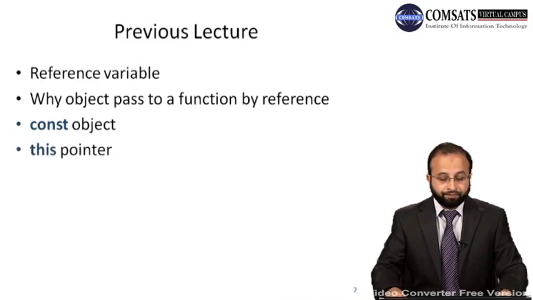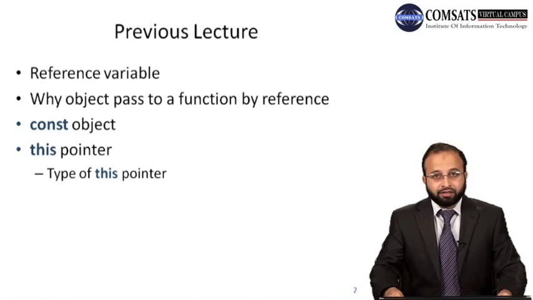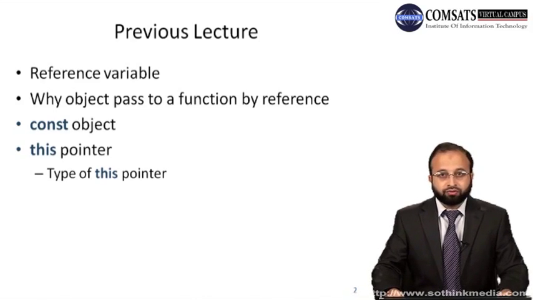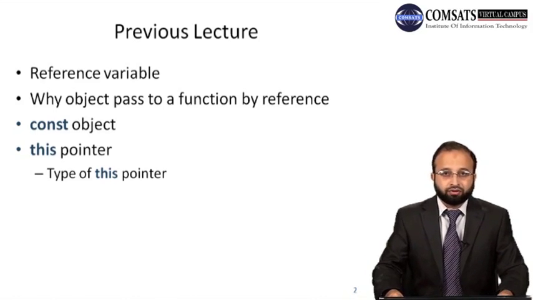Then the this pointer. The type of the this pointer is very important. The this pointer is created by the compiler as soon as the object of any class is created, and this pointer for that object points to the memory that is allocated for that object, right? And the type of this pointer is basically constant.